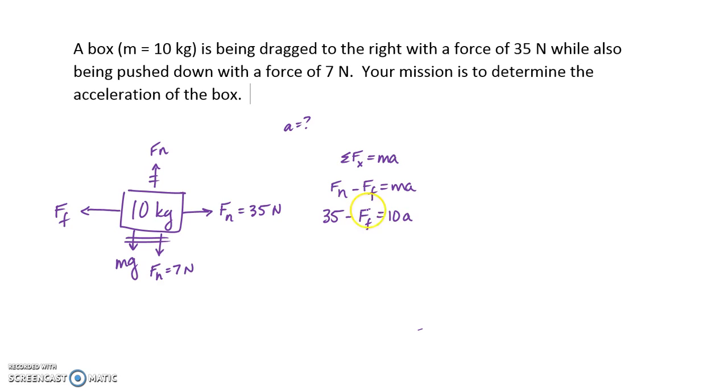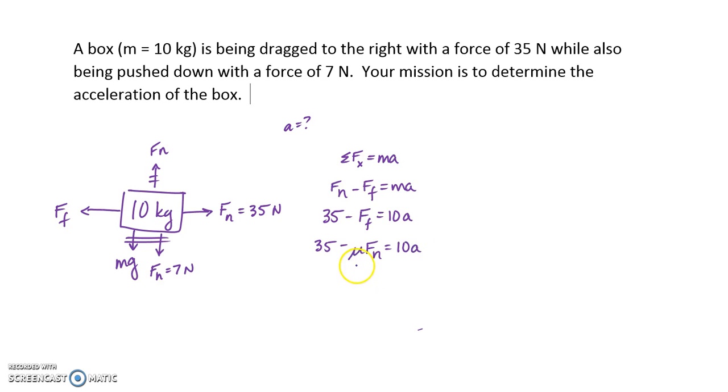And now I can go a little bit farther with this. I can say that this is 35 minus, I can put mu Fn here, because friction is mu times the normal force, equals 10 times my acceleration.